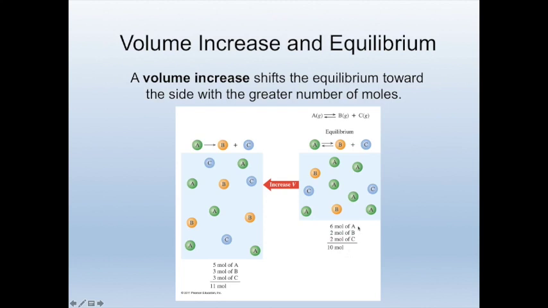So you have 6 moles of A, 2 moles of B, and 2 moles of C as before, with a total of 10 moles. You've increased the volume, you've increased the space available for molecules to exist, and therefore the number of moles of B and C can increase, and the number of moles of A will decrease, increasing the total number of moles of gas.